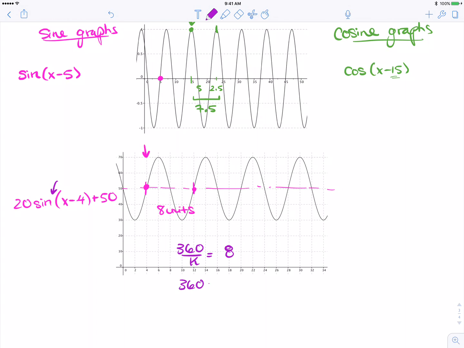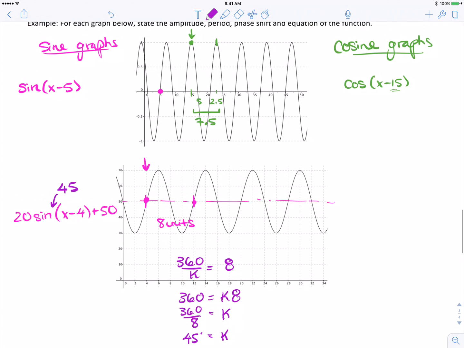So 360 equals 8k. Which is 45. So there should be a little 45 in here.